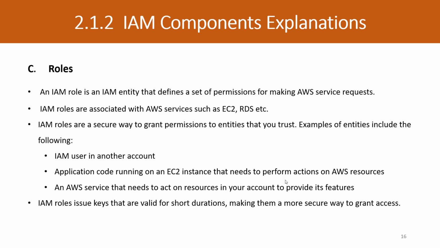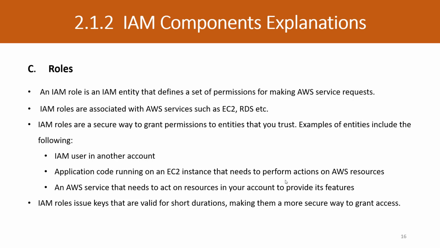So basically we can attach permissions to a role, and a role can be attached to particular services. Suppose there is a simple scenario. There is one application running in EC2. This application wants to access S3, for example uploading a few files to S3 buckets. How can we assign these permissions to this EC2? To assign this permission, we create one role.